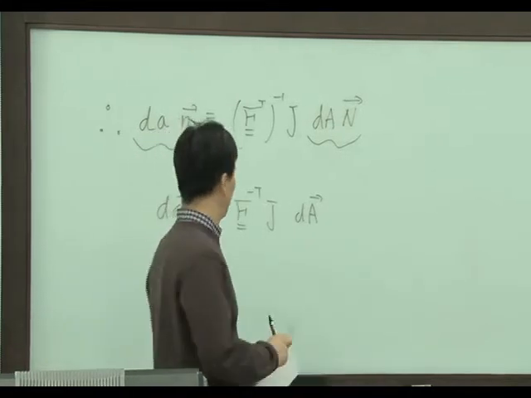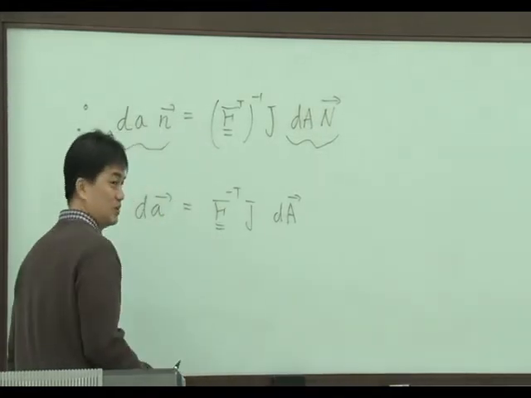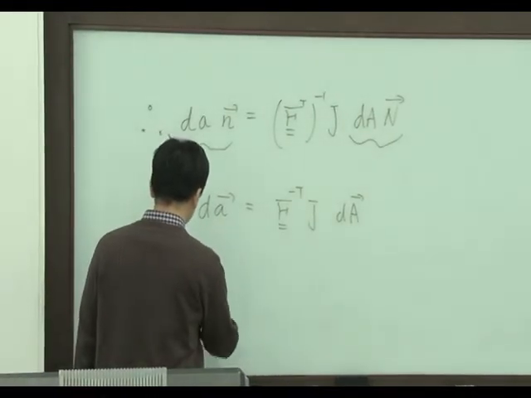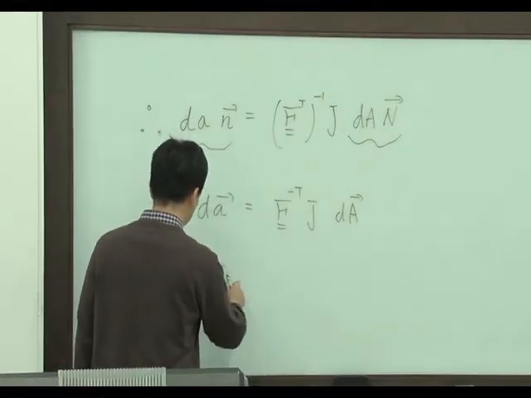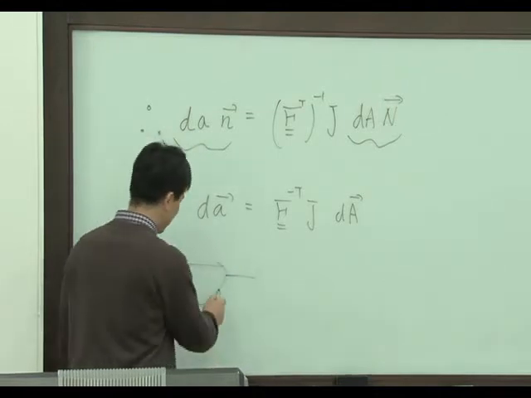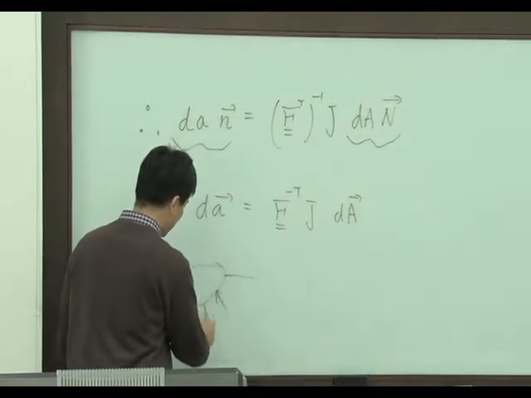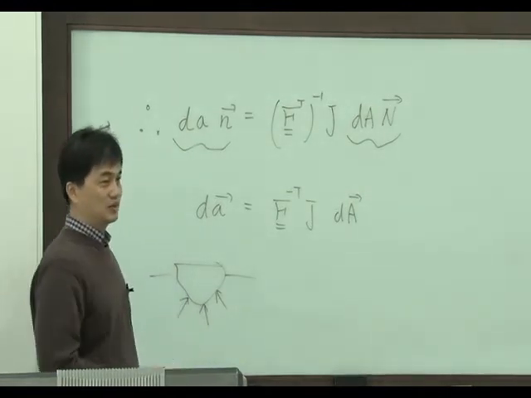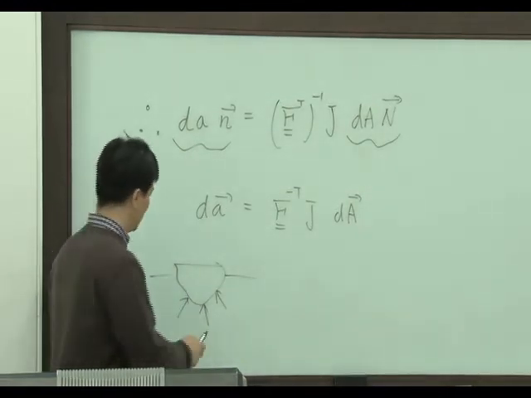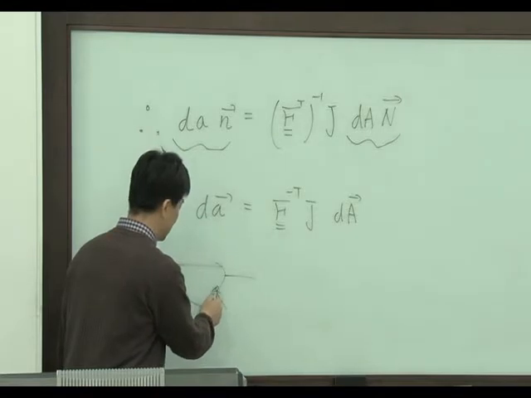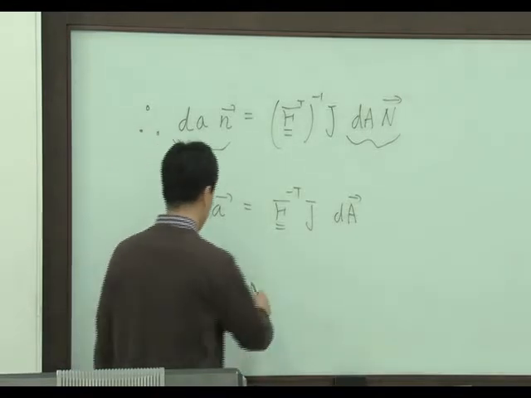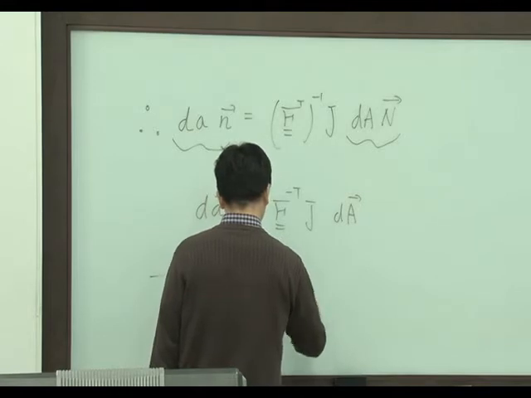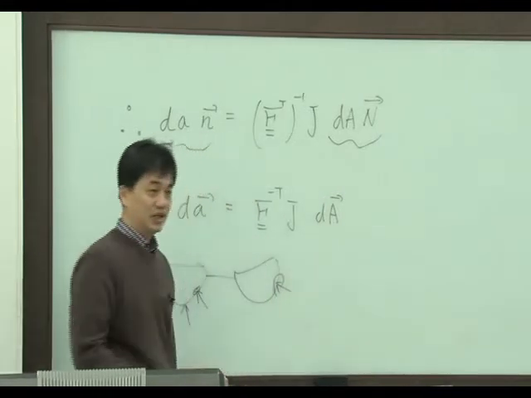So I'd like to give you one example. Let's say we have a body here. This is a floating body. And pressure is always normal to the surface. So this is the surface wave. And if the body moves, the normal direction is changed, right?